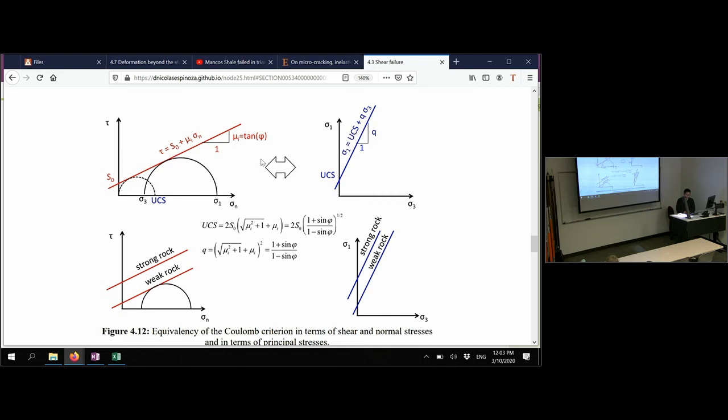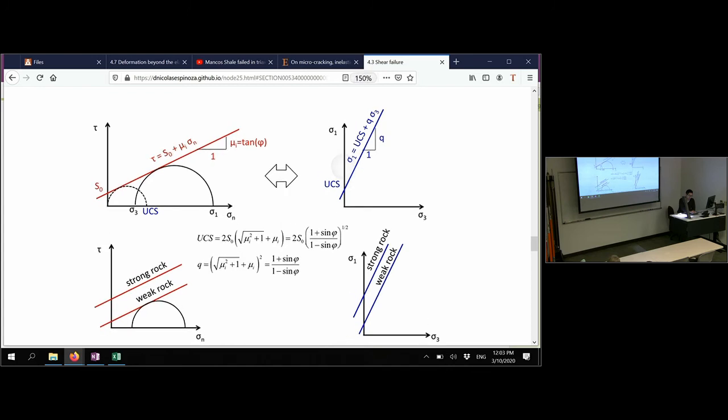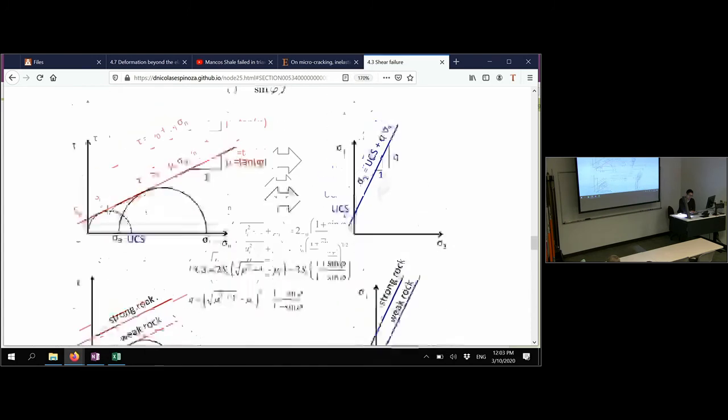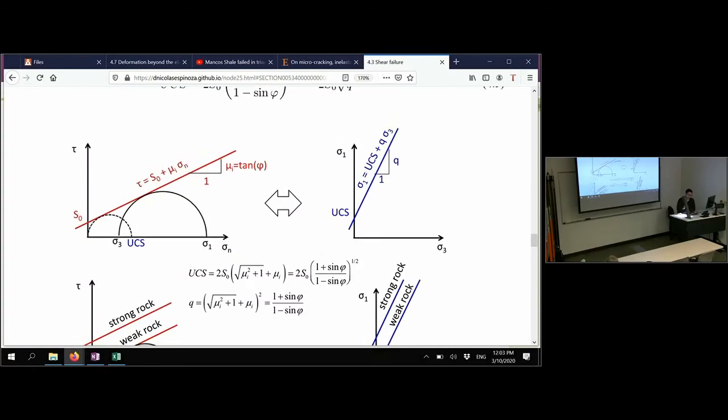Mathematically they are just intercepts of those equations. Those equations are equivalent, but they are written in different spaces, with different variables. Physically, UCS means the maximum stress that you can apply on a rock when the other stress perpendicular to it is equal to 0.